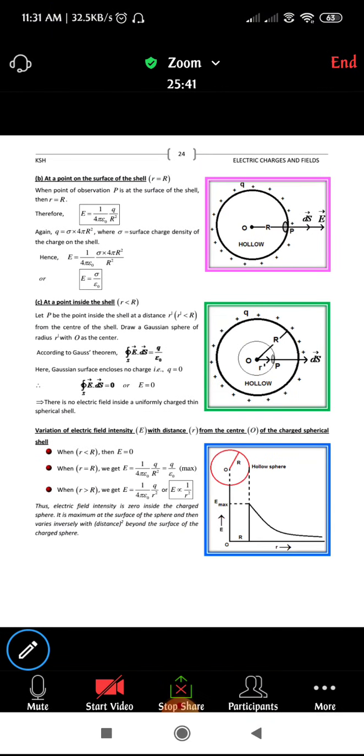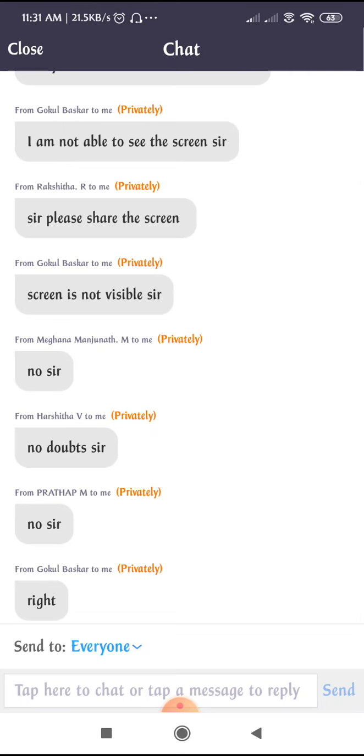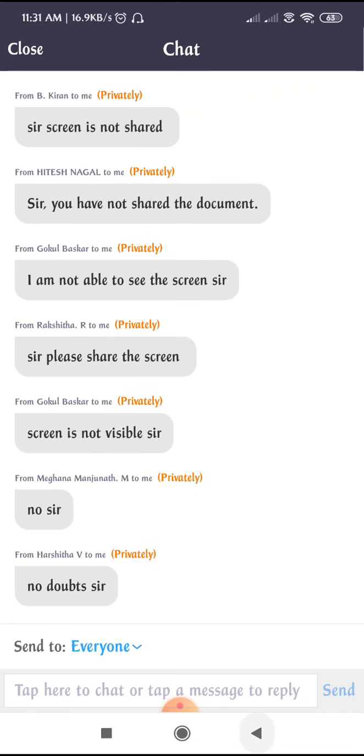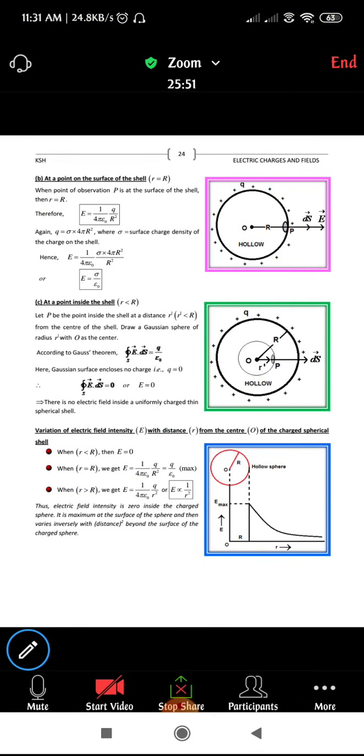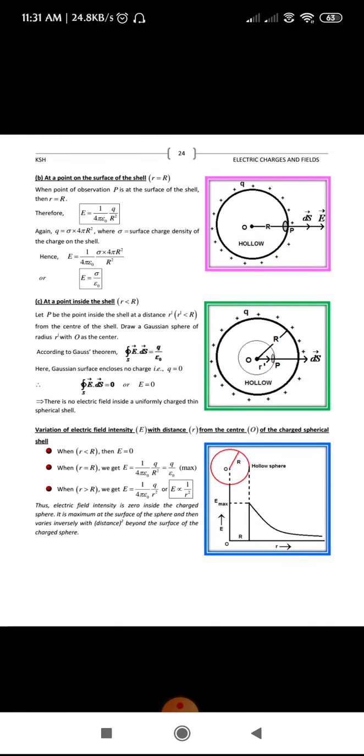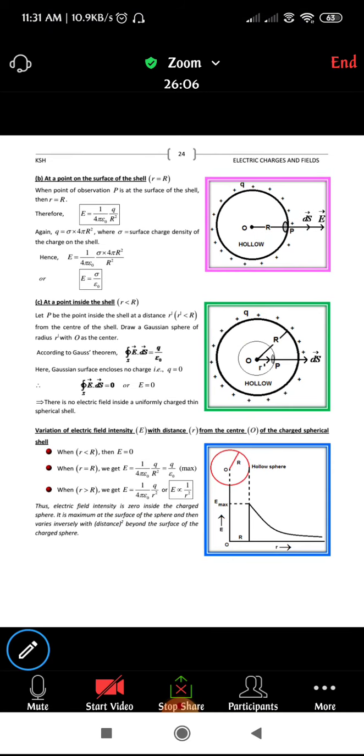What about Harshita, Meghana, Rakshita, Kiran?